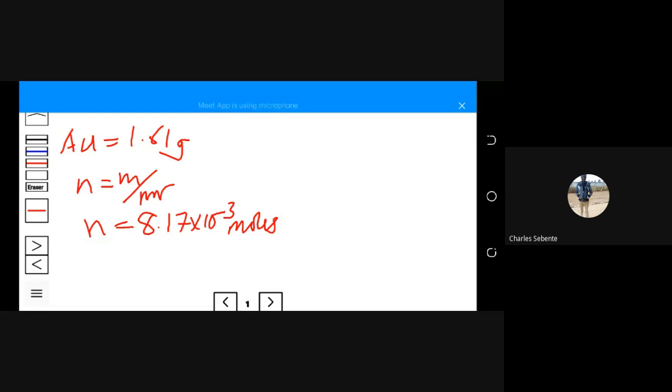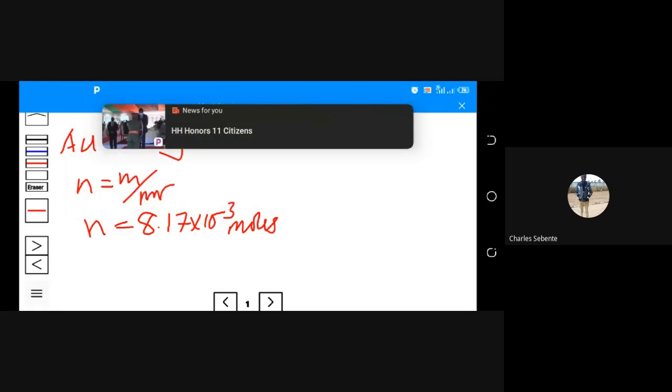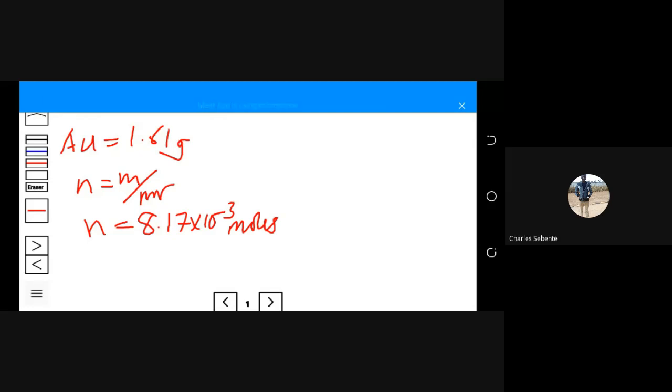So now the next thing is to use the same way we did with silver. At this time, I think it is imperative to write down the half reaction so that they can follow it. So that is silver.